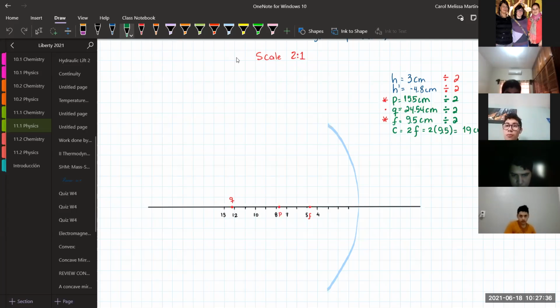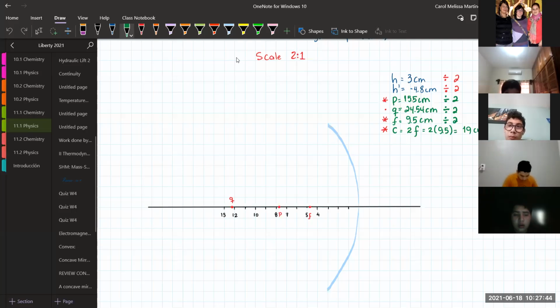And then the point C, that is important that you put it in the sketch, is 9.5. 9.5 is between 9 and 10, right in the middle. So more or less here will be the point C.